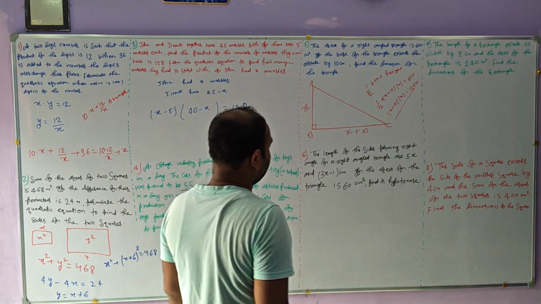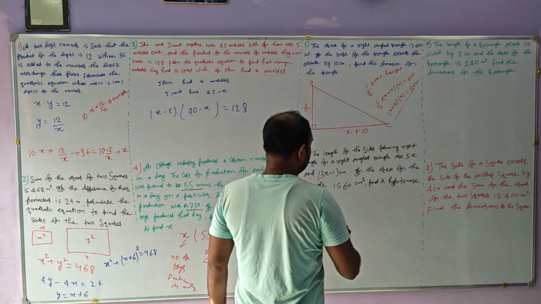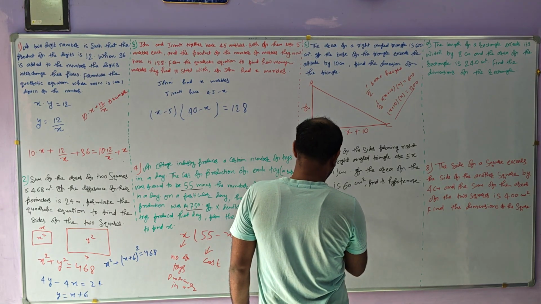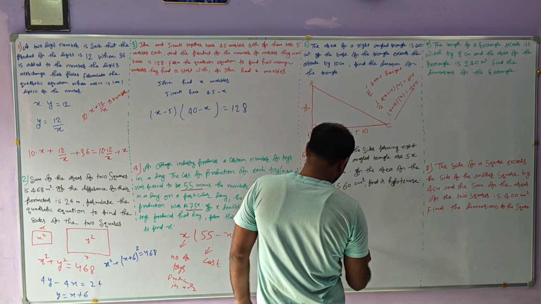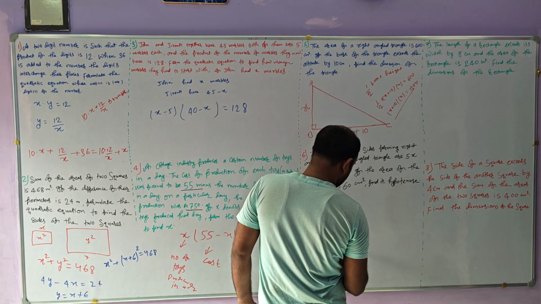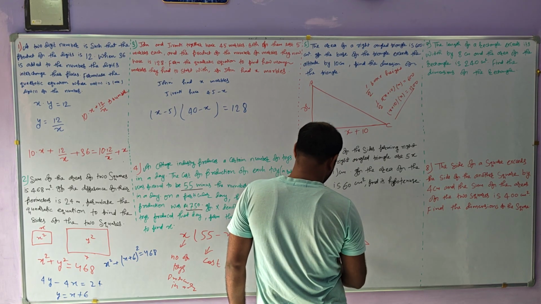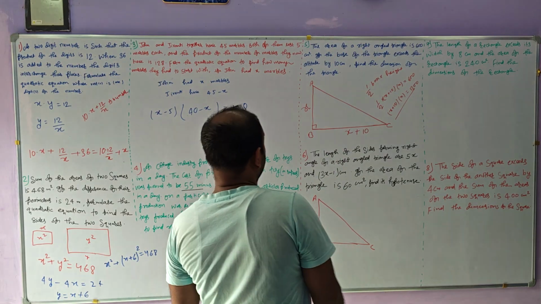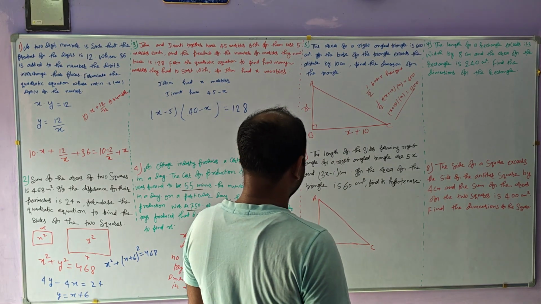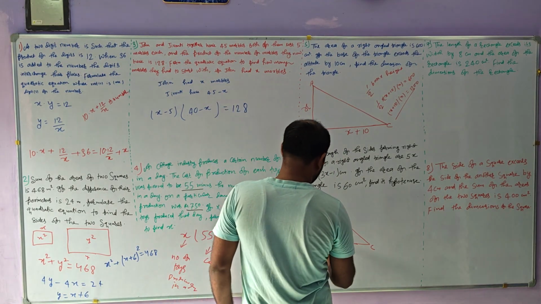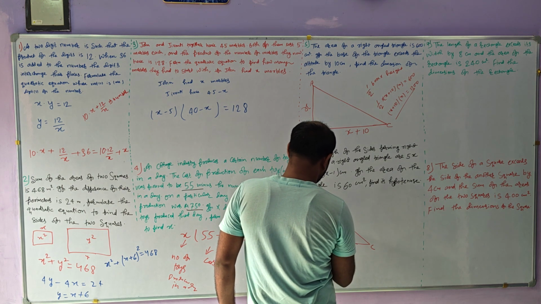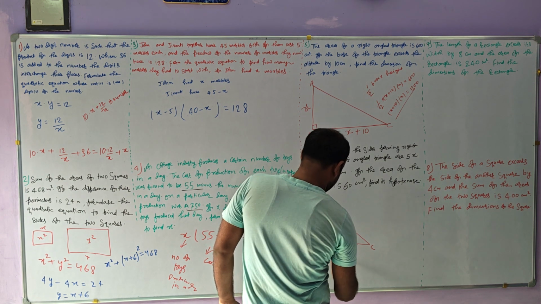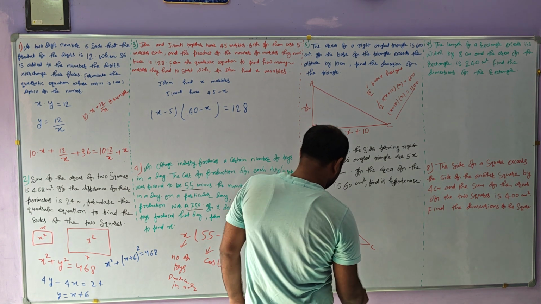The lengths of the sides forming the right angle of a right-angled triangle are 5x and 3x minus 1.